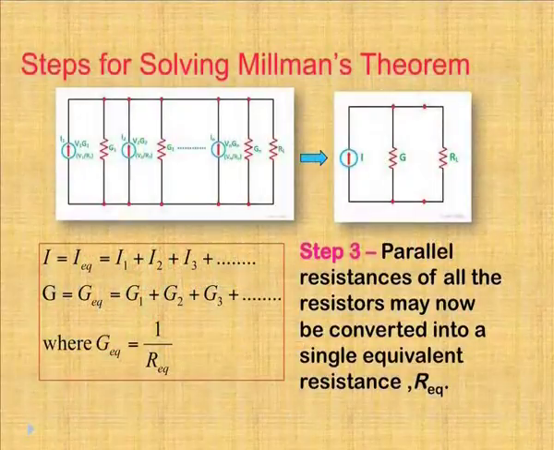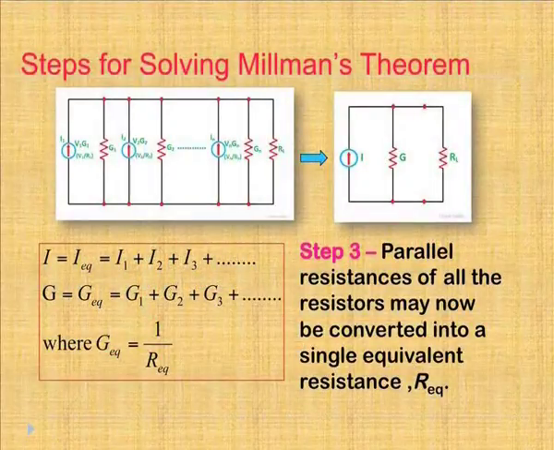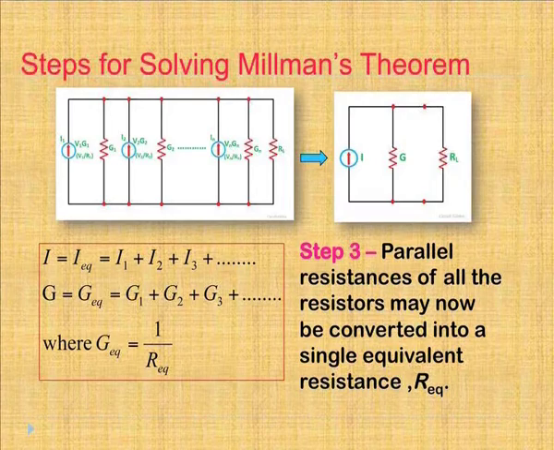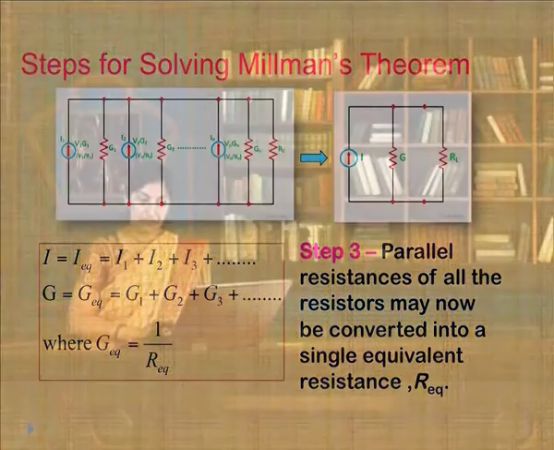Next, we can find the equivalent resistance or the equivalent conductance by just adding all the conductances, which is equal to the reciprocal of the equivalent resistance, that is, GEQ is equal to 1 upon REQ. So, finally, we get an equivalent current source circuit for several parallel connected voltage sources.